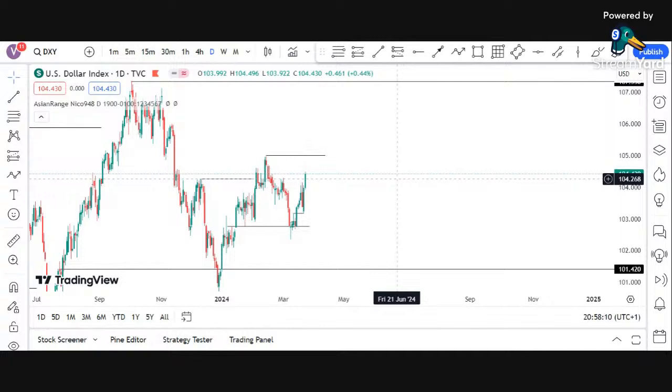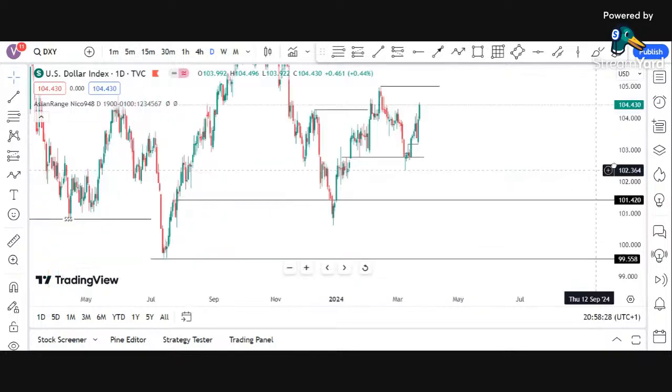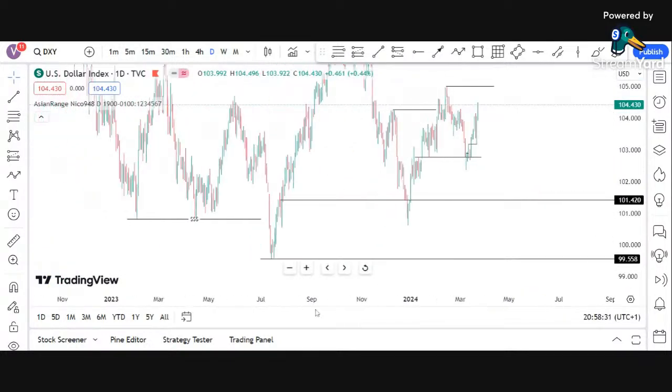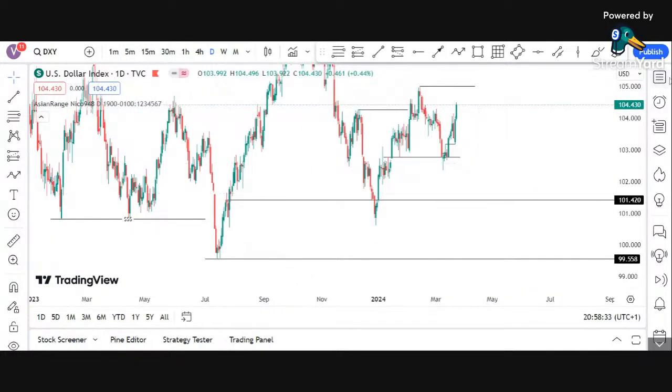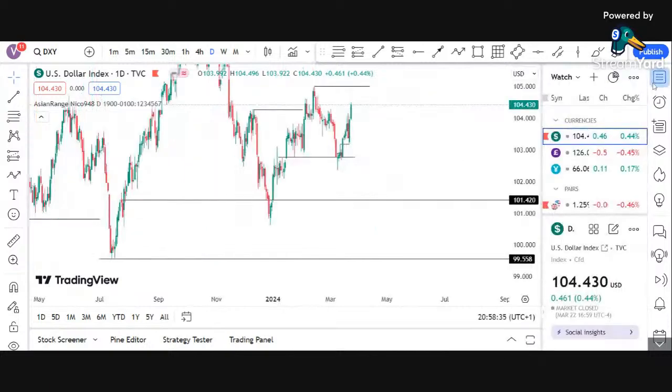But I found out that you must also know the direction of the other currency, because institutions trade currencies. They don't trade currency pairs, right? So for each currency, if money is going into the British pounds, for example, you see price moving up, and definitely the dollar will be coming down.